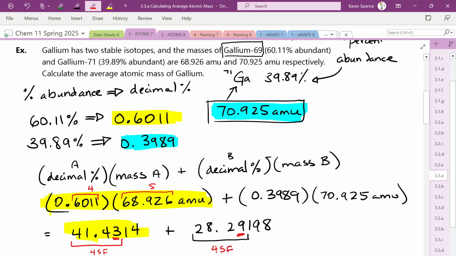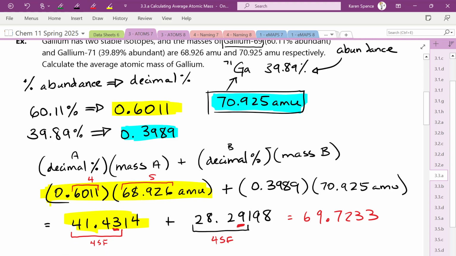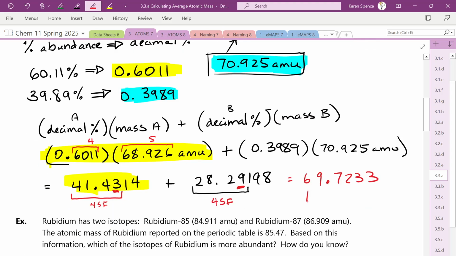Now I add these two together, plus 41.4314 equals 69.7233, which will round to, where should we be rounding to?